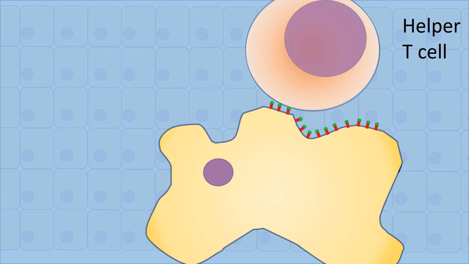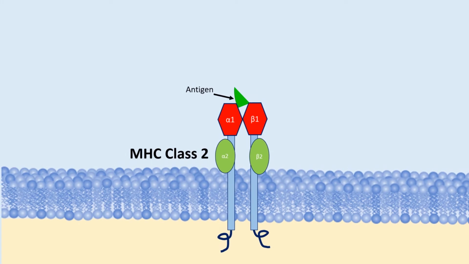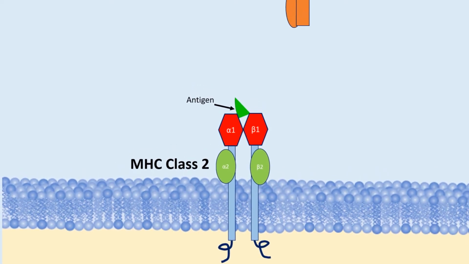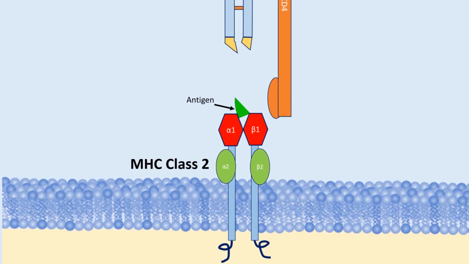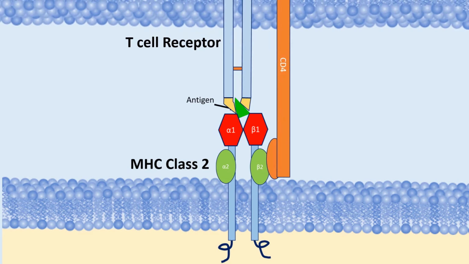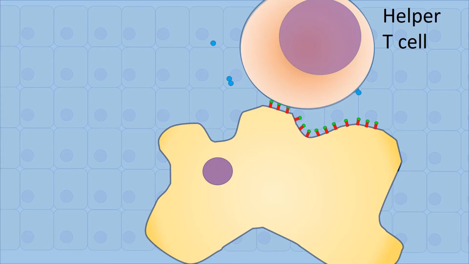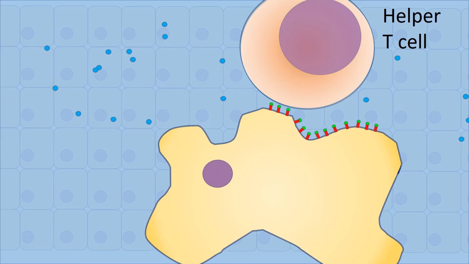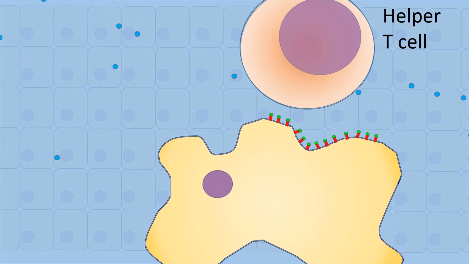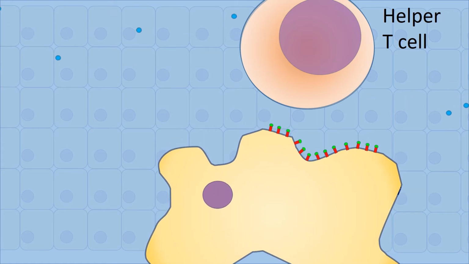It will then match up its MHC2 with antigen with the helper T cell's T cell receptor. If there is a match, then you will have the macrophage release some cytokines, the helper T cell will release some cytokines, and that will convert this helper T cell now into an active helper T cell.